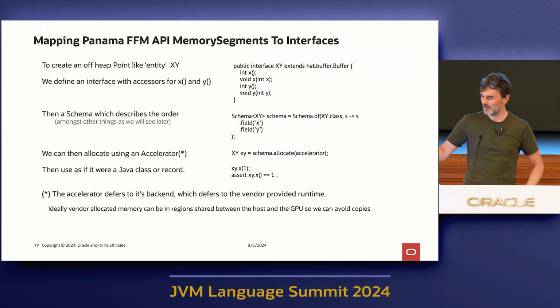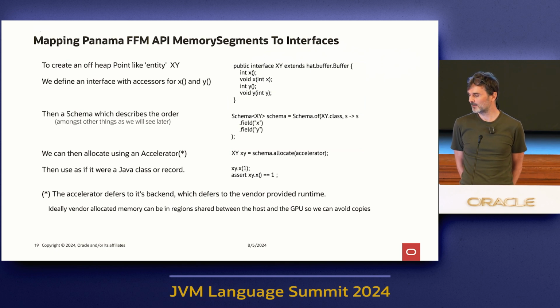So on my right-hand side here, we have an interface XY. It extends from a hat buffer that indicates this is something special to HAT. And we just have accessor methods to access points X and Y on there, nothing too fancy. And we can describe that with a schema that describes the structure of it and the order of the members in the structure. Underneath the covers, it will generate a memory layout because it knows that int is the size of 32 bits.